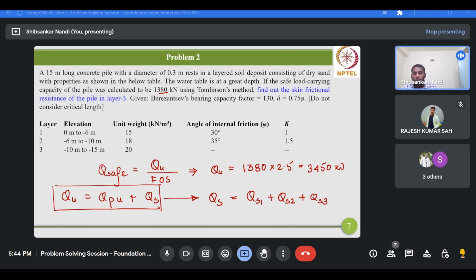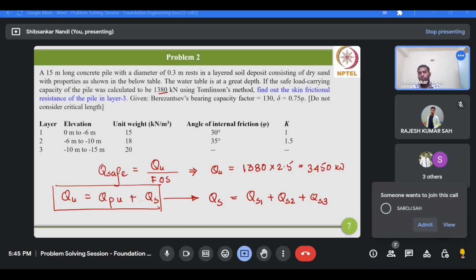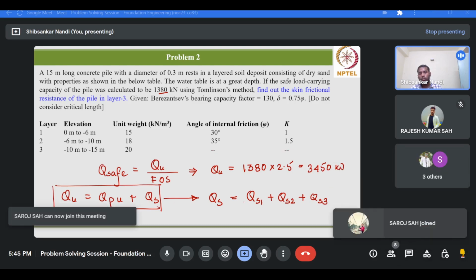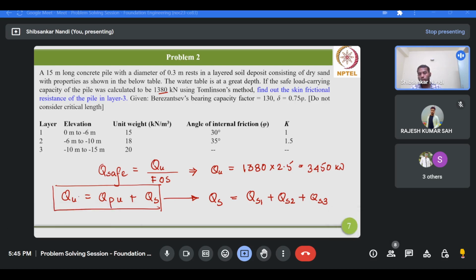We know the values of Qpu, Qs1 and Qs2 somehow, but we don't know Qs3, because for layer 3 neither the angle of internal friction nor the earth pressure coefficient is mentioned. So our job is to calculate Qpu, Qs1, Qs2 separately, and then subtract their sum from Qu to get Qs3.